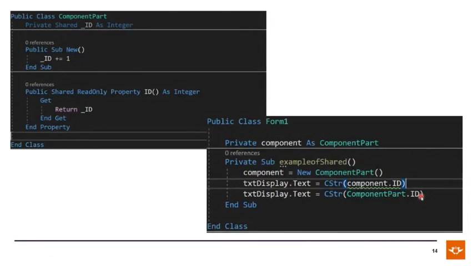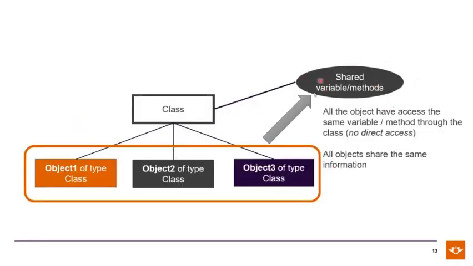What happens is, also important with shared variables, all the objects share the same piece of memory. So if we change the shared variable for anyone, it affects all the objects.